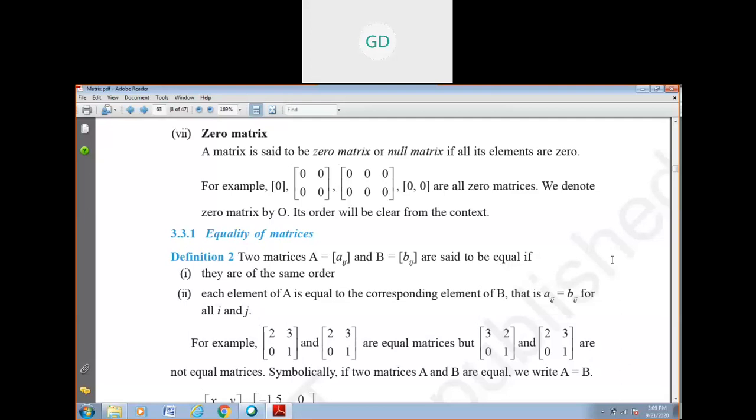These 7 types of matrices we have discussed, and how to construct a matrix if its elements are defined in functional form.